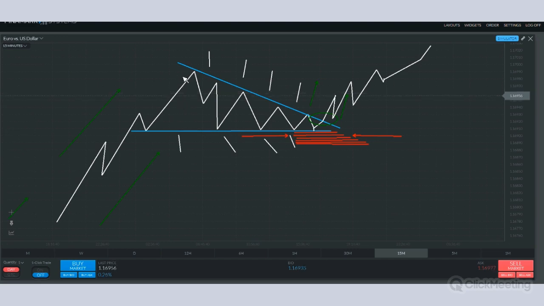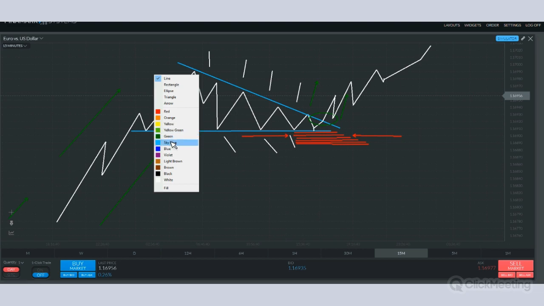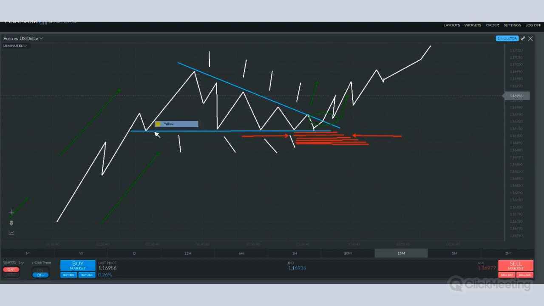So the distance between the widest portion of the triangle, say right here, we'll use yellow to measure this one, between here and here. It's from our first swing low to our first swing high. That is representing the drawing of this triangle.